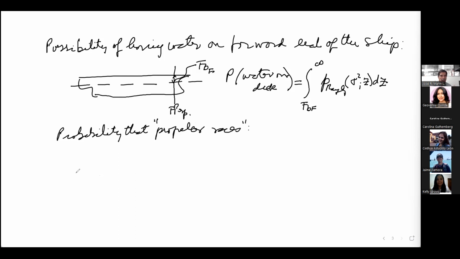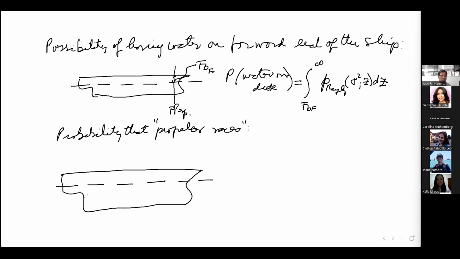Now, what we have to do now, let me draw this with a much larger scale in the vertical direction. You will see why. This is the water line. Here we have the propeller.